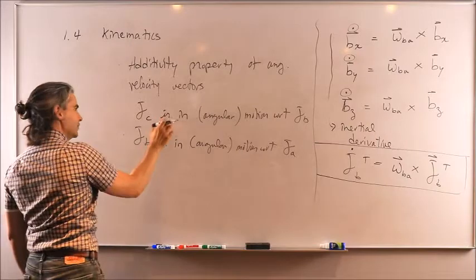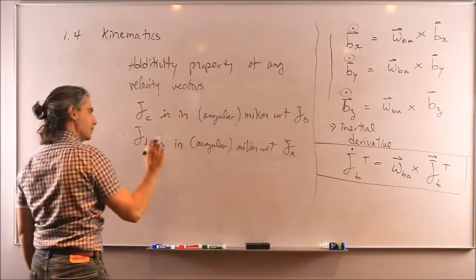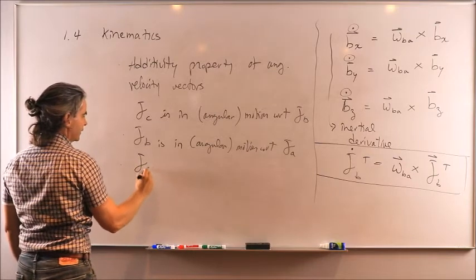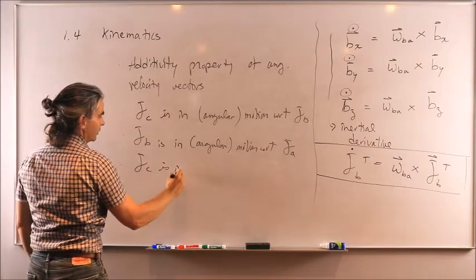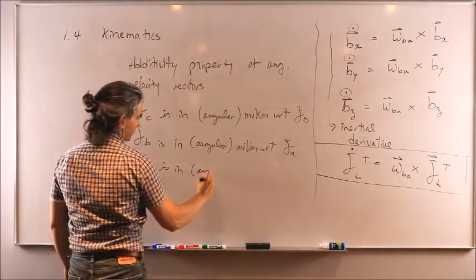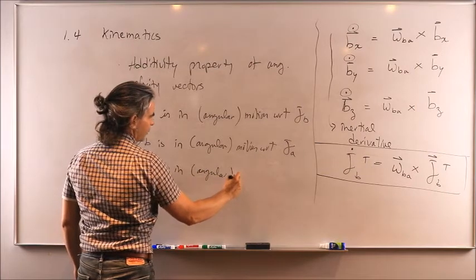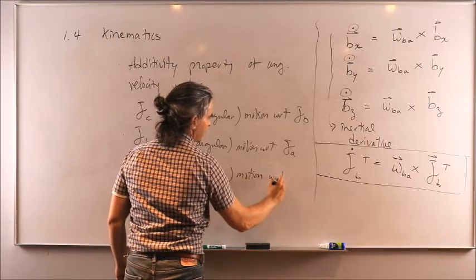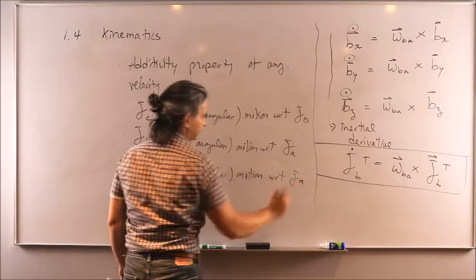So if C is in motion with B and B is in motion with A, it implies that C is then also in angular motion with respect to A.